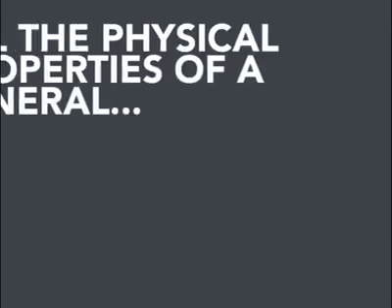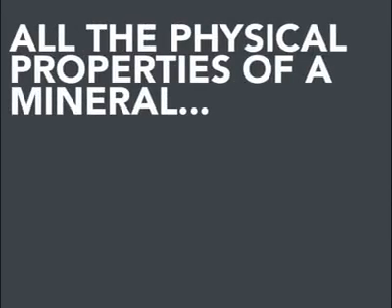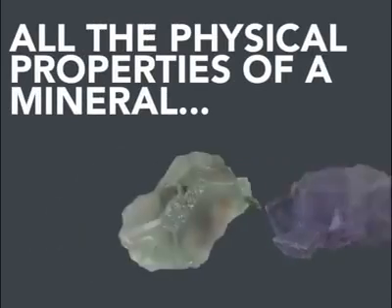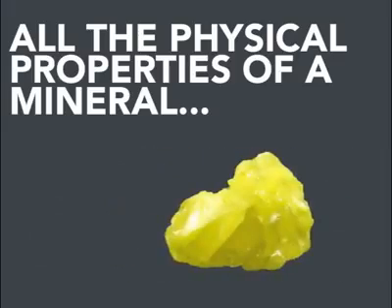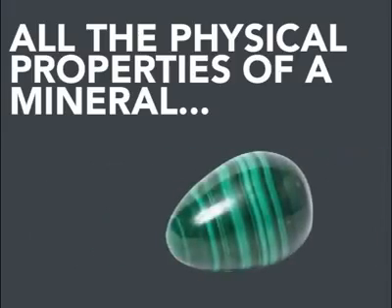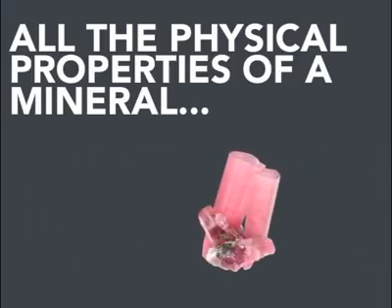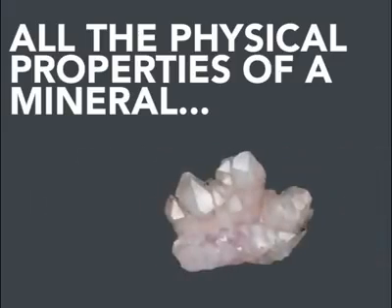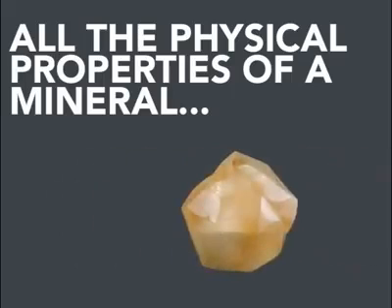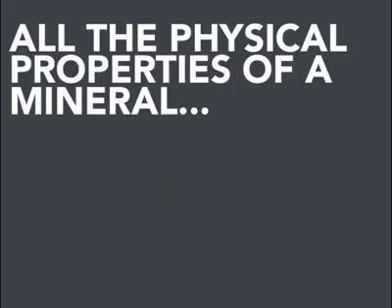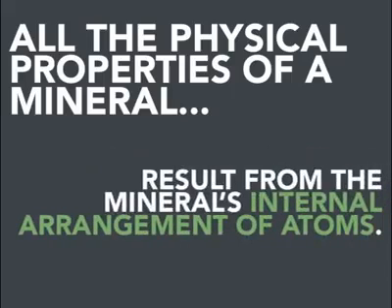Now, let's move on. I want you to keep in mind that all of the physical properties of a mineral, and what I mean by that is the colors, the shapes, the textures, the smells and the tastes, the appearance, the hardness, the sheen, all of these physical characteristics of minerals result from one specific thing, and that is the internal arrangement of the atoms.